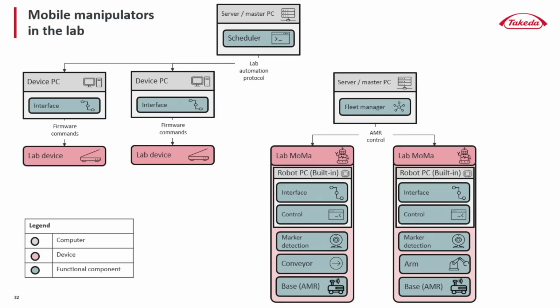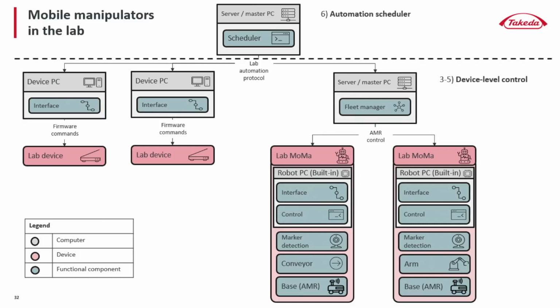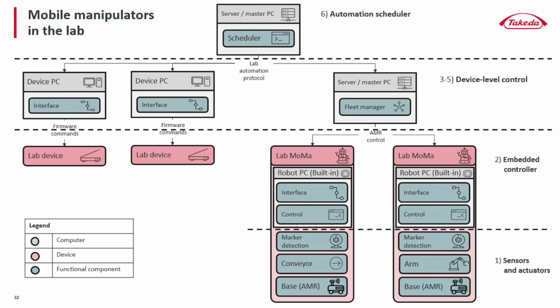And there you need a middleware layer, a so-called fleet manager, that sits between the robots and the scheduler. And the scheduler ultimately only controls the task and subtask level activities by means of high-level commands. And then how it's broken down, you can also observe the previously mentioned layers.